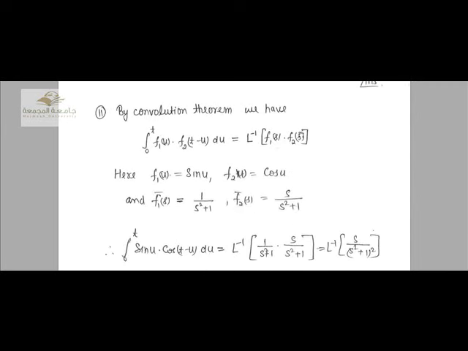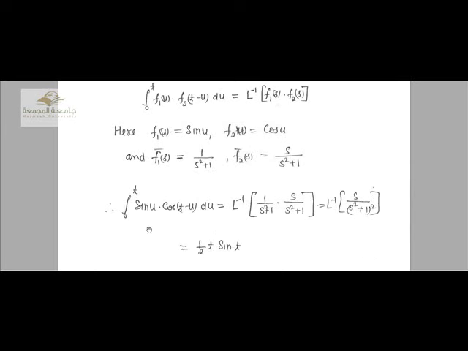By convolution theorem, we have integral 0 to t f1(u) f2(t minus u) du is equal to L inverse f1(s) f2(s). Here f1(u) is equal to sine u and f2(u) is equal to cosine u, and f1(s) bar is equal to 1 by s square plus 1 and f2(s) bar is equal to s over s square plus 1.